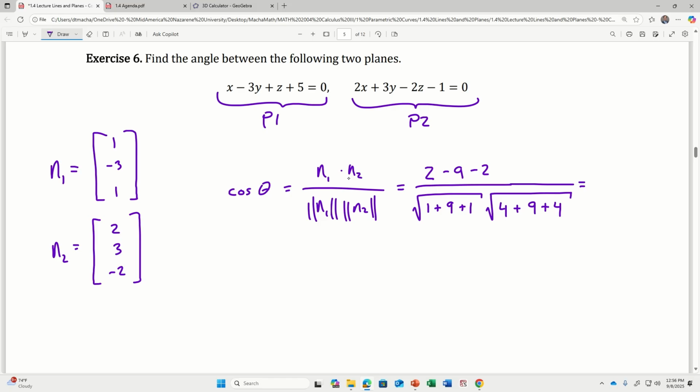And altogether in the numerator, I've got -9, over the square root of 11 times the square root of 17.